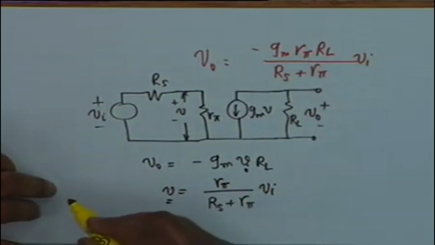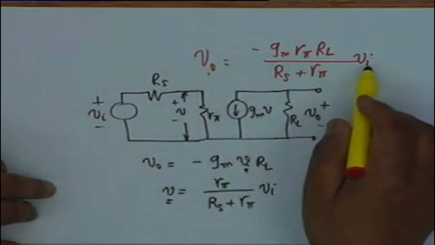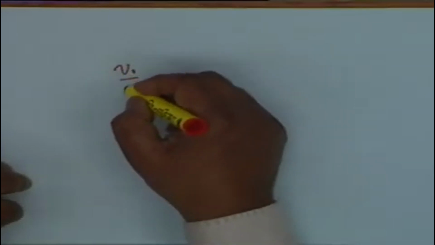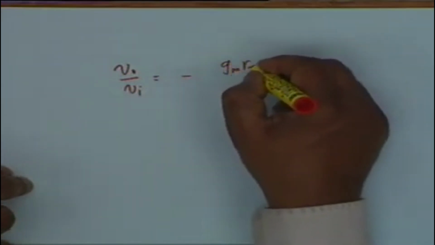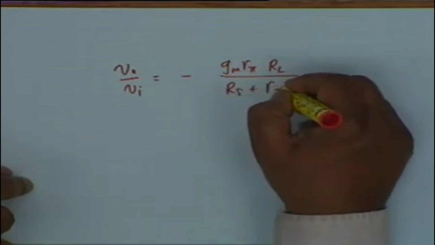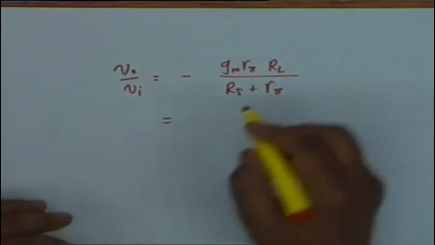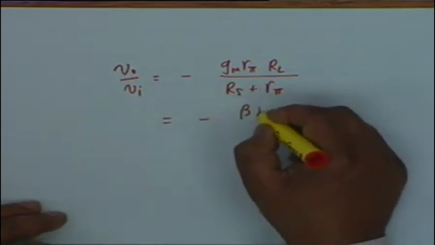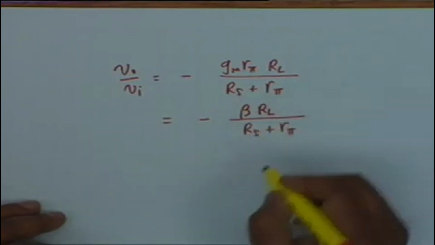Therefore, the gain of this circuit or the amplification of the circuit, which is given by V0 by Vi, will be equal to minus Gm R pi RL divided by Rs plus R pi. What is Gm R pi? Beta, and therefore this is minus beta RL divided by Rs plus R pi.